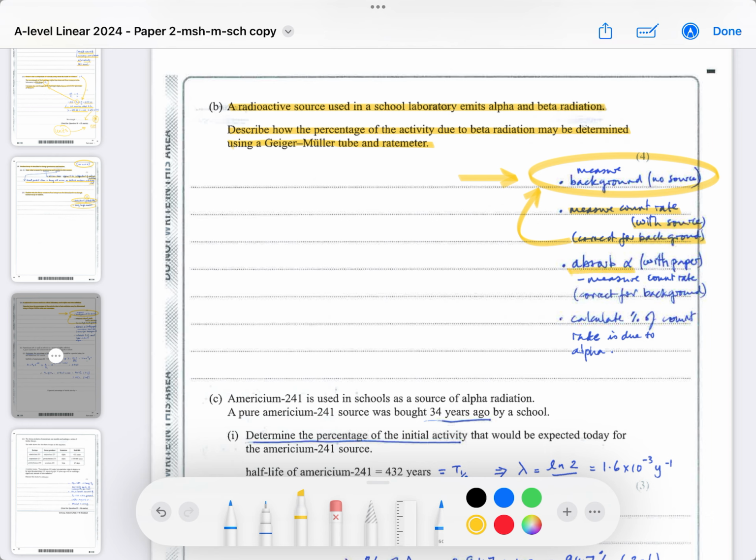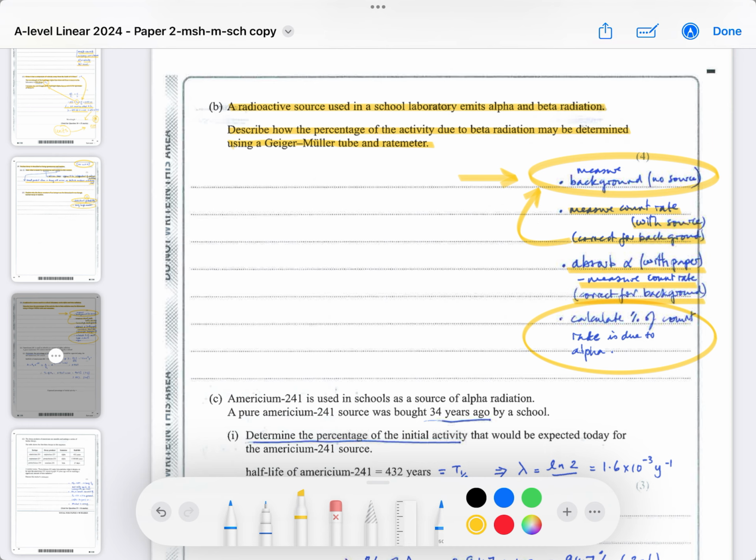And then you absorb the alpha with paper. Then you measure the count rate again with the alpha removed. Again, you correct for the background. And then you calculate the percentage of the count rate which is due to alpha. Yeah? But I should have done it for beta, so the rest of it will be beta.